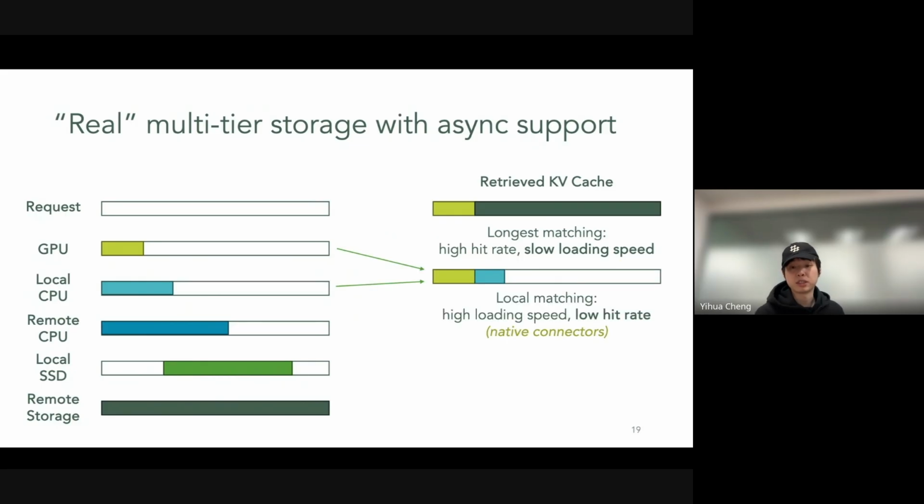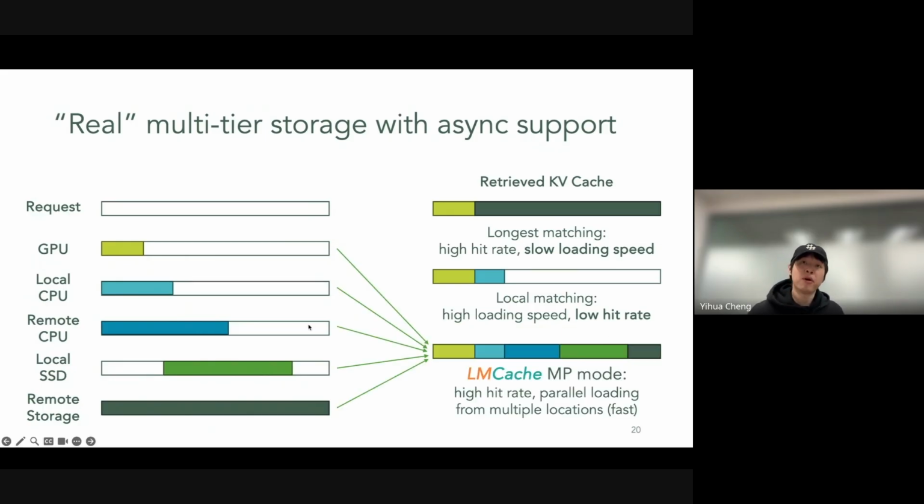And there are some other solutions. If you're using native connectors, it will just prioritize the local CPU, and you will get very fast loading speed, of course, but the hit rate will become lower because you're just not trading off the loading delay versus the hit rate.